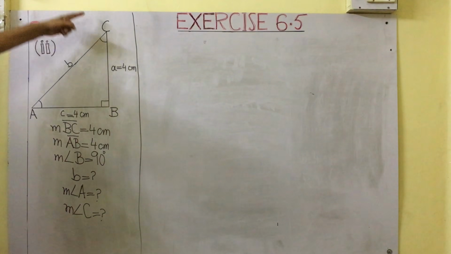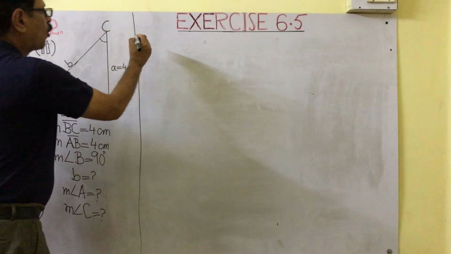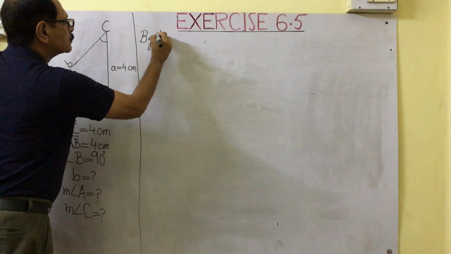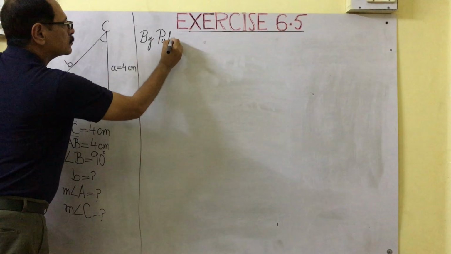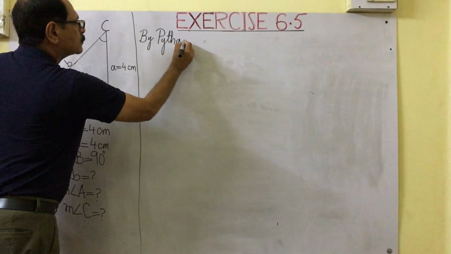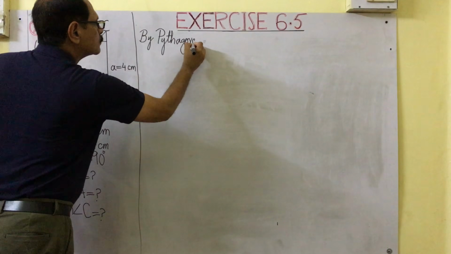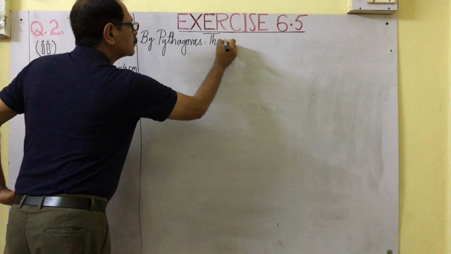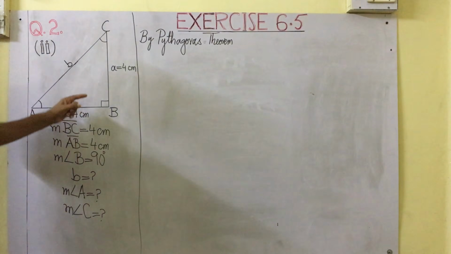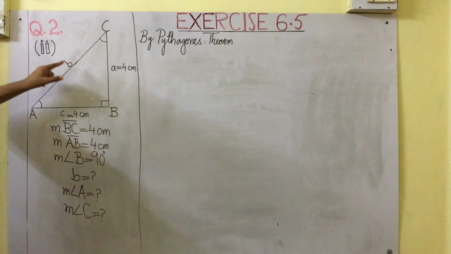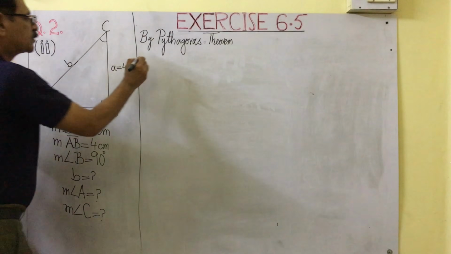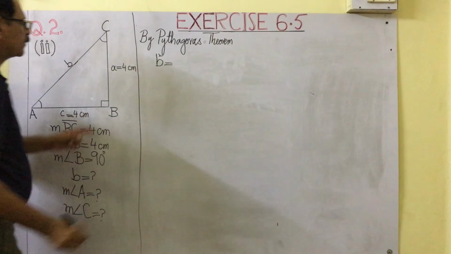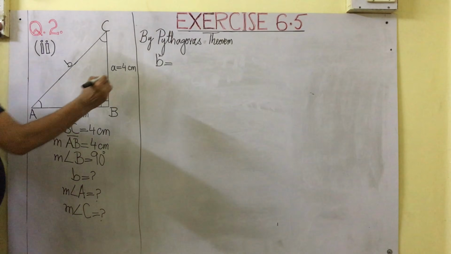In triangle ABC, by Pythagoras theorem, the longest side, which is opposite to 90 degrees, longest side square is equal to the sum of the squares of the other two shorter sides.